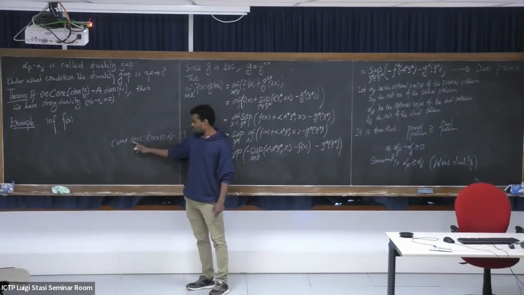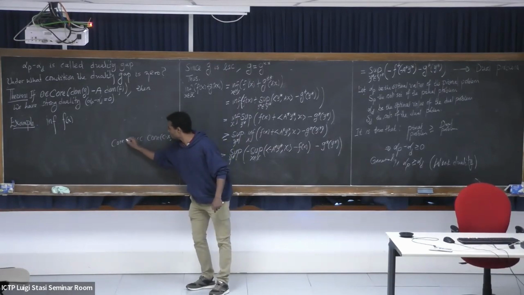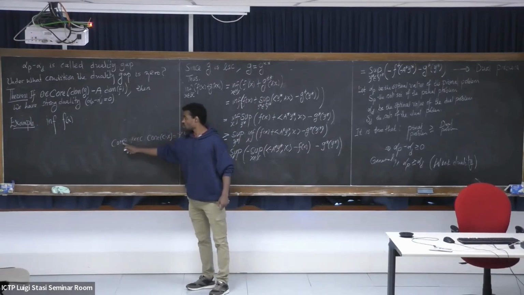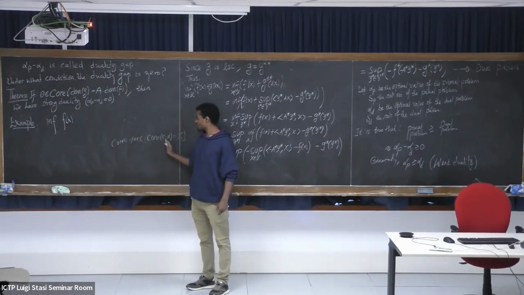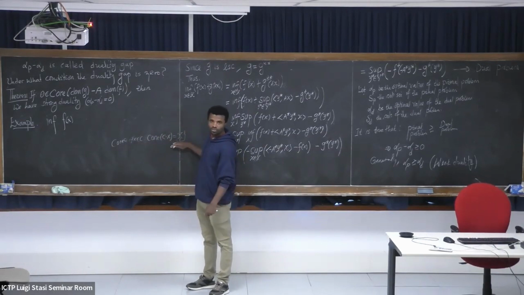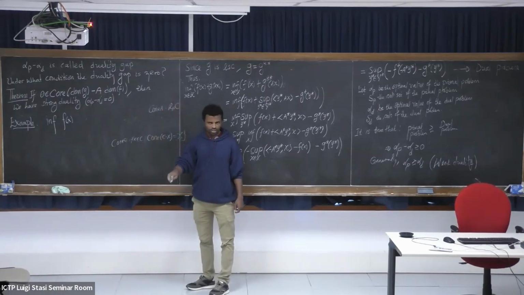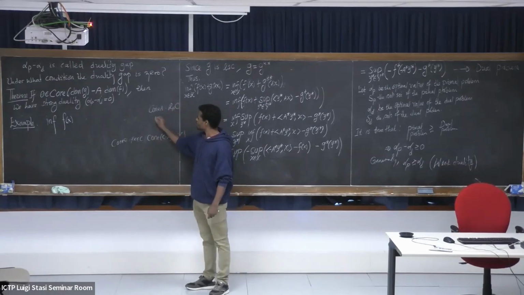The cone of C is the set of positive multiples, R plus times C.